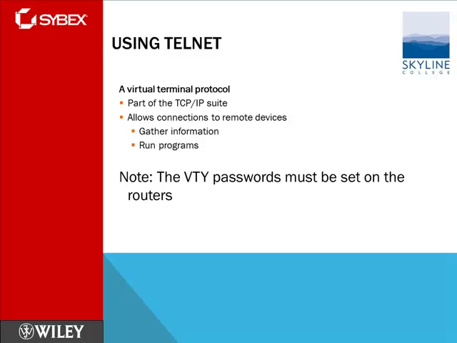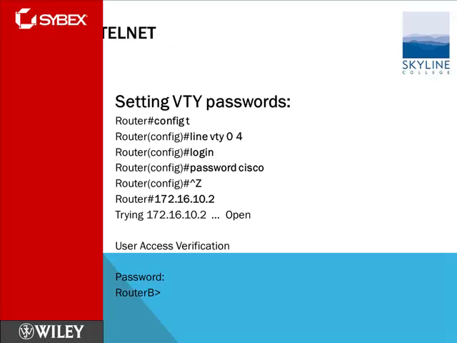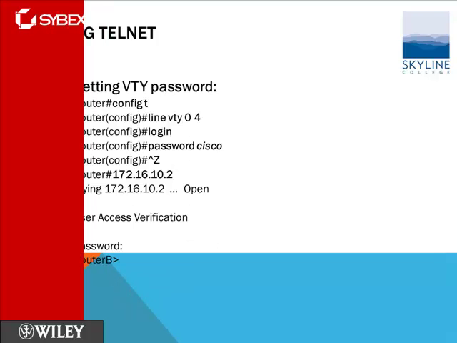So you need to set an enable secret password if you want to truly manage it remotely. So config t, line vty 0 4, login, password cisco, trying 172 user access. It'll ask you for the password. We'll get in here, and then if we try to go into enable mode, it'll say that you don't have an enable password. You have to have one before it will allow you to do that remotely.